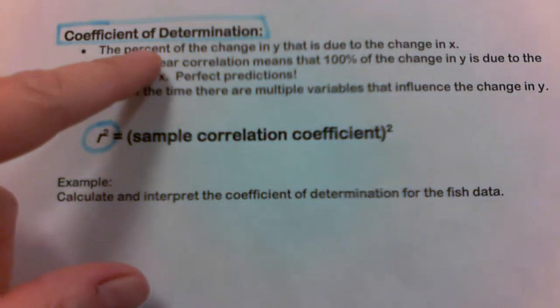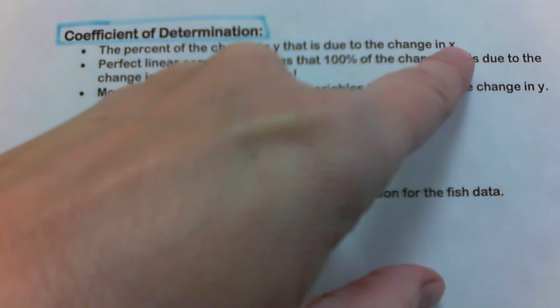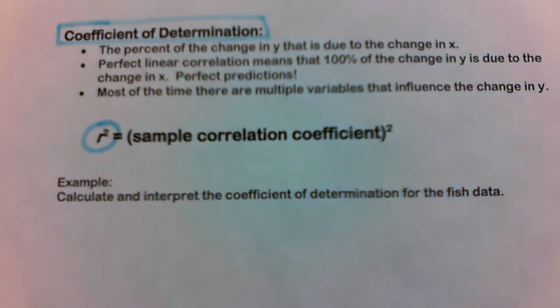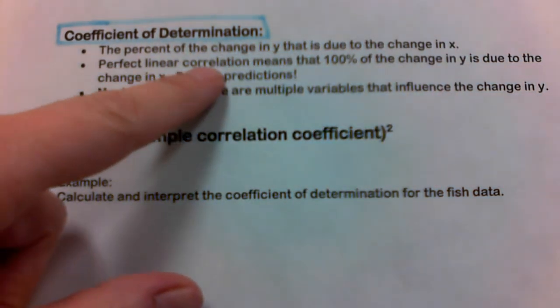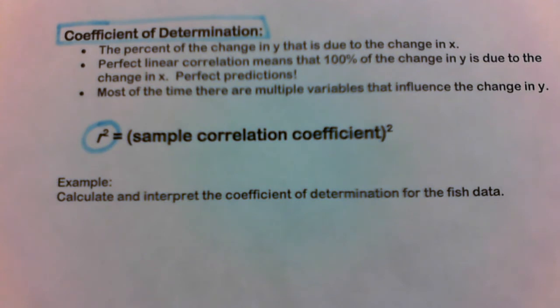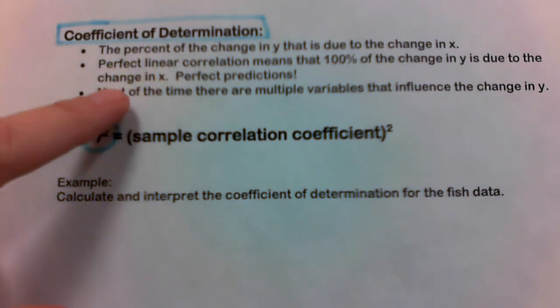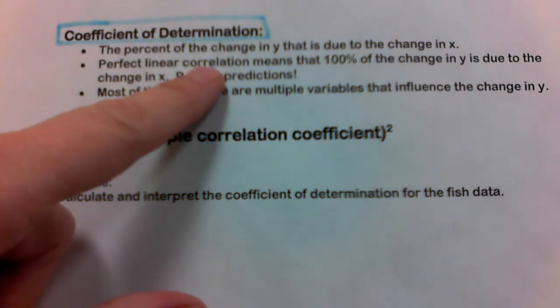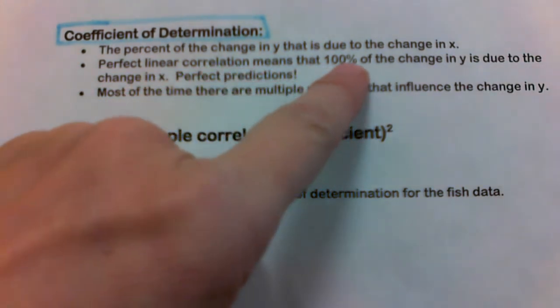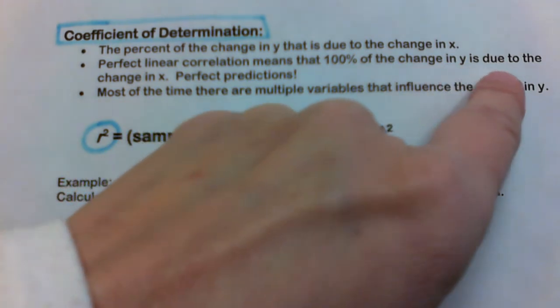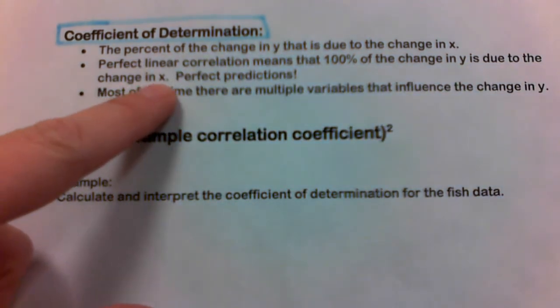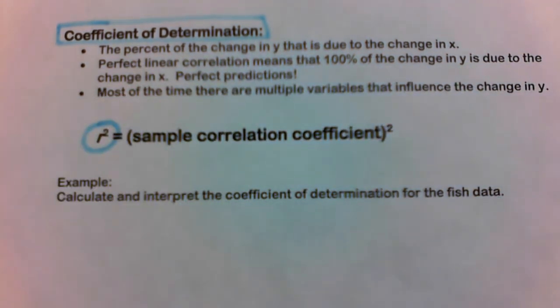So what's the percentage that because it grows longer, it starts weighing more? If you had a perfect linear correlation, which we didn't, remember we had 0.996, a strong correlation, but it was not perfect. But if you did have a perfect linear correlation, that means that 100% of the change in the weight is due to the fish getting longer. That gives you perfect predictions.